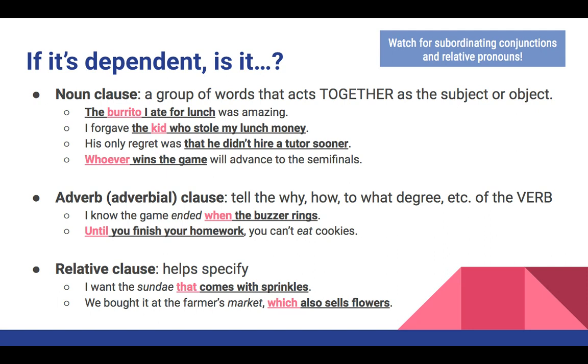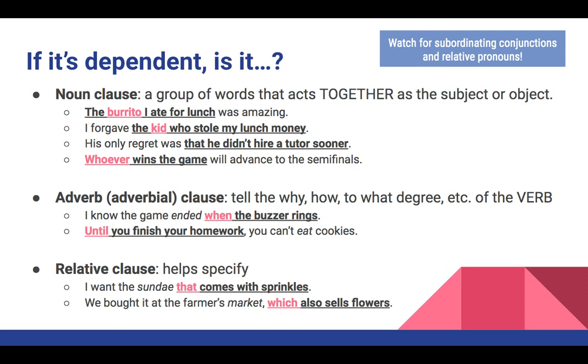A little trick here is if you can replace it with the word it, and it still makes grammatical sense, then it is a noun clause. So if I can replace the entire dependent clause with the word it, and it still makes sense, then we consider that a noun clause. So for example, I could say, it was amazing, and that still is grammatically correct. I can also look at the next one, I forgave it, or I forgave them, the plural, right?